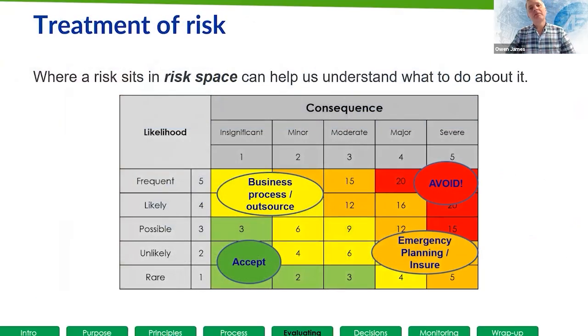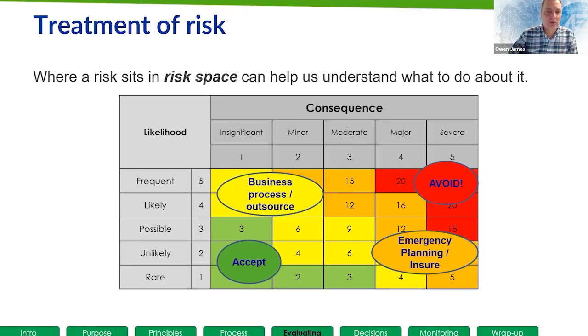So another way of thinking about different risk options is, where does that risk land in risk space? So things that are in the red zone, for sure, we want to avoid those. We probably want to do something about it. Things that are in the green zone, that's another easy one. We can accept those risks.